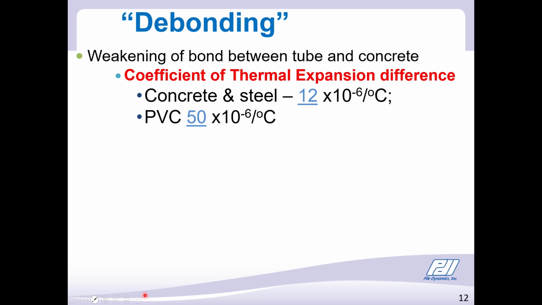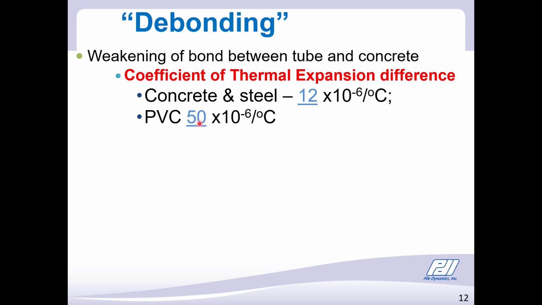So debonding. What is debonding? That is a weakening of the bond between the tube and the concrete. The coefficient of thermal expansion for concrete and steel is practically the same, and so steel bonds very well to concrete. We put rebars in all the time for strengthening the concrete. On the other hand, if we use plastic tubes, PVC plastic tubes, that coefficient of expansion is more than 4 times larger.